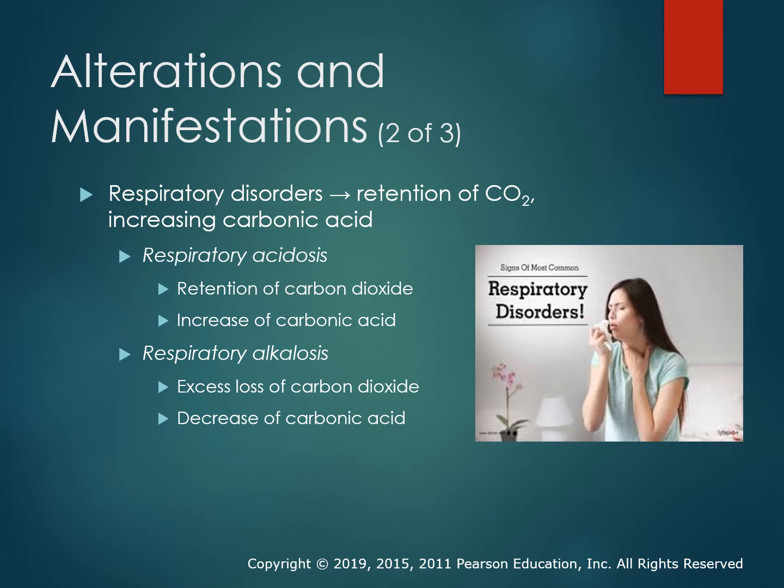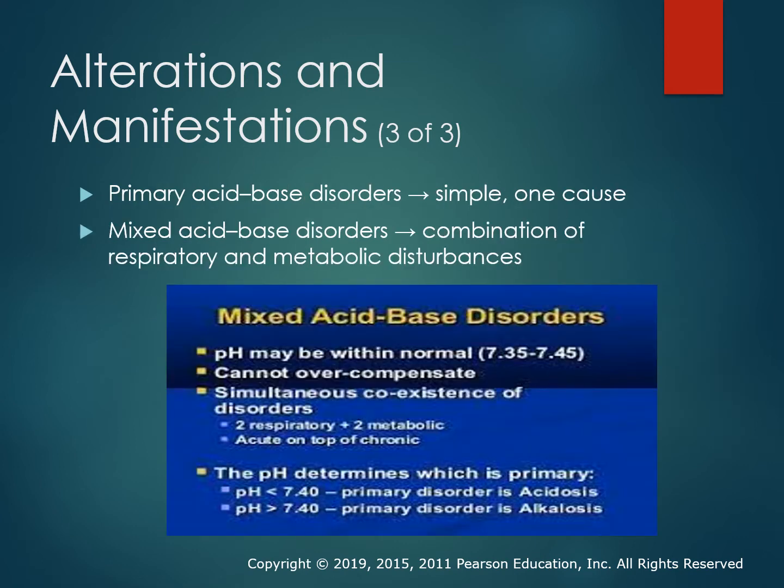Any condition that causes hypoventilation may result in respiratory acidosis and hypoxemia, while any condition that causes hyperventilation often results in respiratory alkalosis. So hypoventilation, you're not breathing enough. Hyperventilation, you are breathing too rapidly.